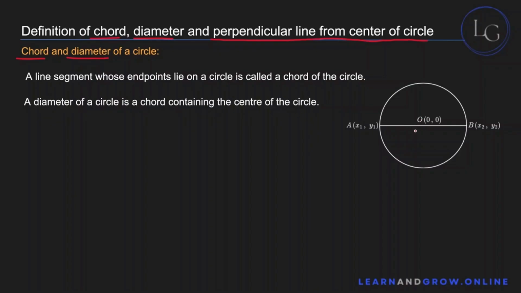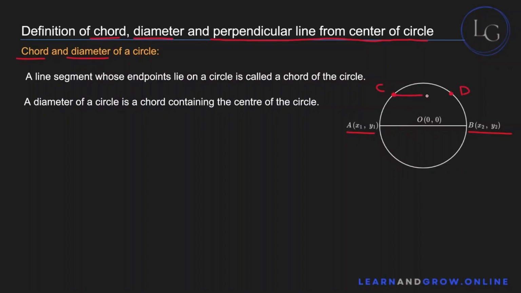So what you have over here, this line running from A to B, this is the diameter of the circle. So let's say you took two other points. Let's say this is point C and this is point D, right?